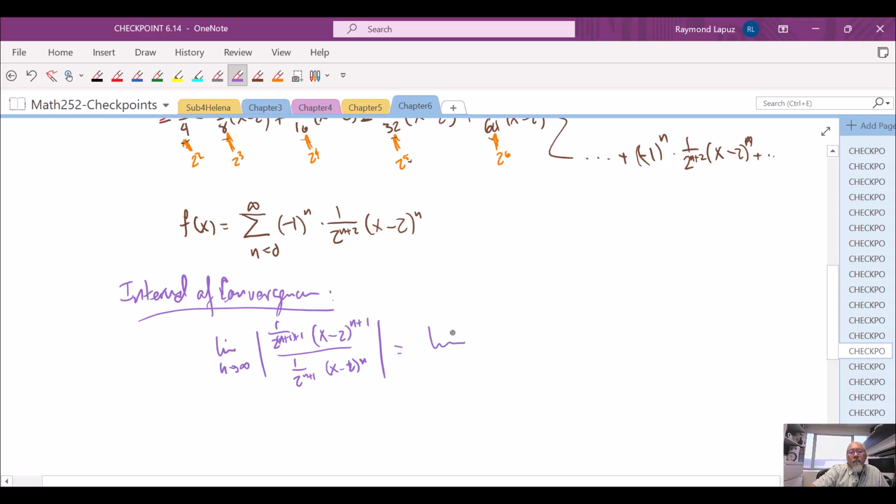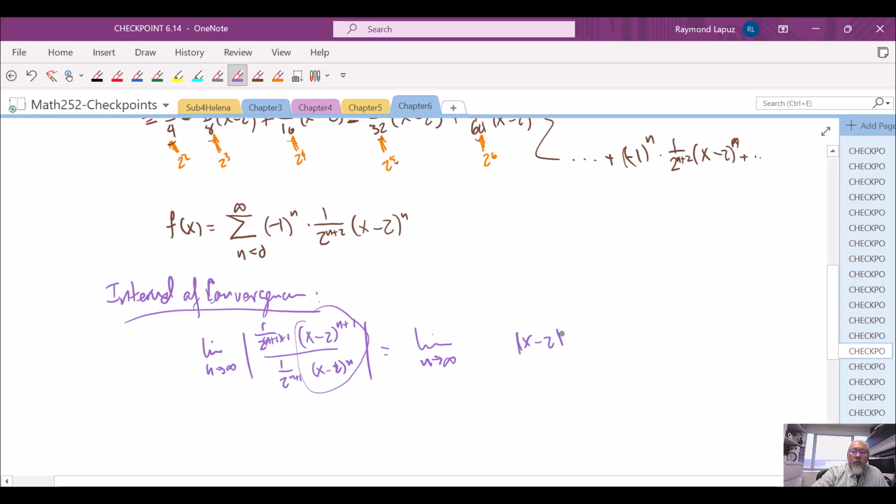All right, let's see how that goes. So this is the limit as n goes off to infinity. This will be the absolute value of x minus 2. And the 1 over 2 to any power is just going to be positive, so I only need the absolute value around the x minus 2 here.